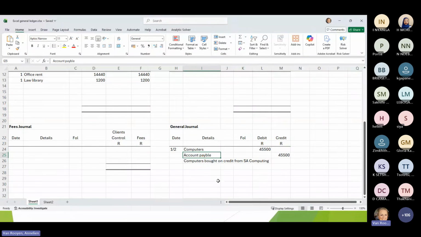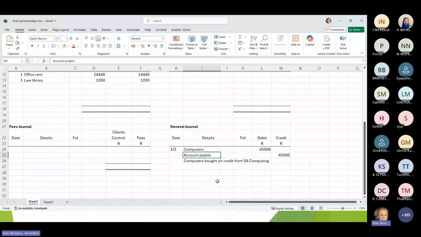Right, the next one we have is another on the first. A partner in Africa Attorneys took one of the new laptops home for his son to use. The laptop cost 9,500 Rand. Okay, is there any cash applicable here?